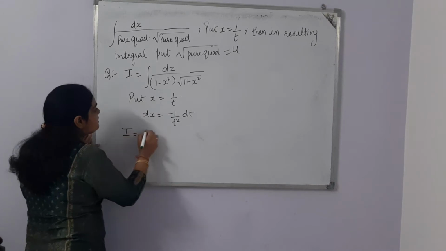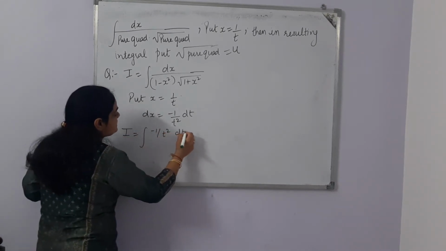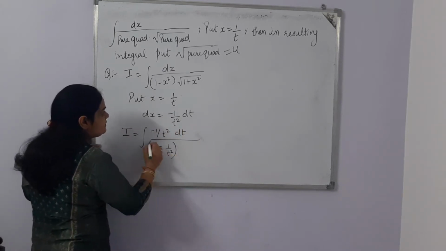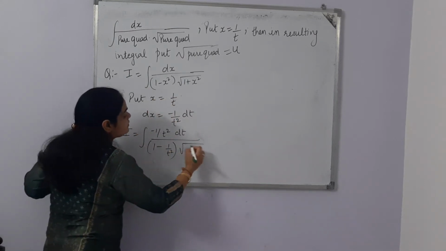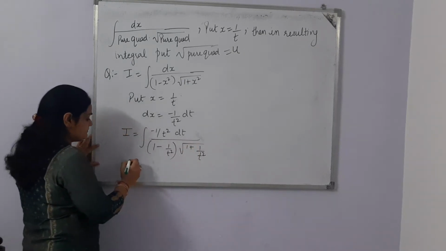So I is equals to, in place of dx I am writing minus 1 by t square dt whole upon 1 minus 1 by t square, because x square is 1 by t square, under root 1 plus x square. x square is 1 by t square.